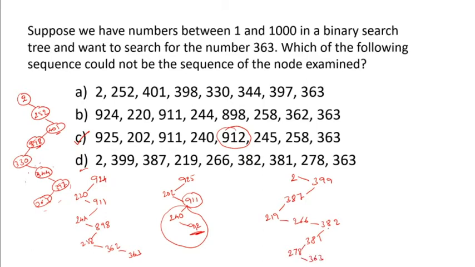If you look here, all the values here are greater than 382. In the same way here, 266, you can take this because it is a left child, right? All the values here are greater than 266. So this is correct. So the wrong one is this one, option C.